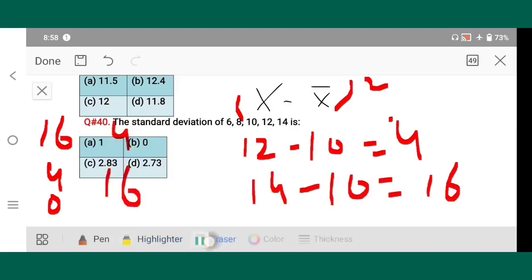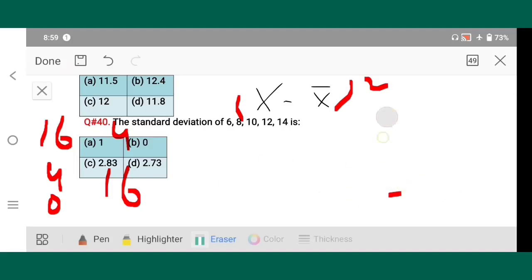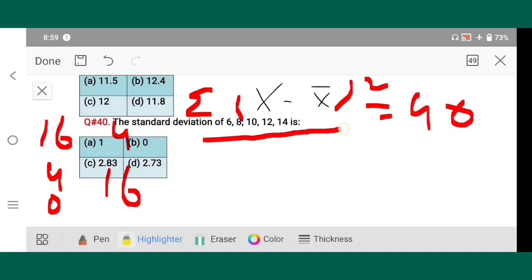So just add this. We will get summation x minus x bar square, which will be equal to 40. So just divide this by n, by 5.